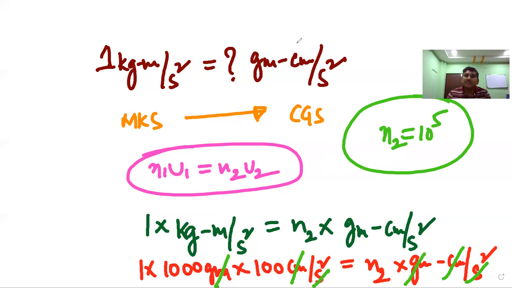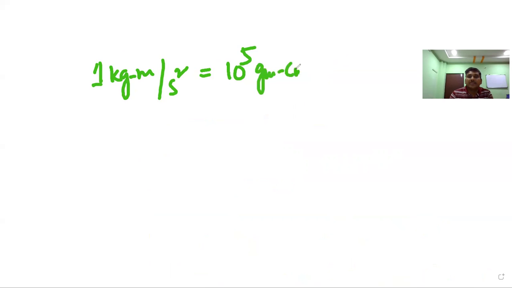That means, in conclusion, I can write that 1 kg meter per second square becomes 10 to the power of 5 gram centimeter per second square. So this is MKS and this is CGS.